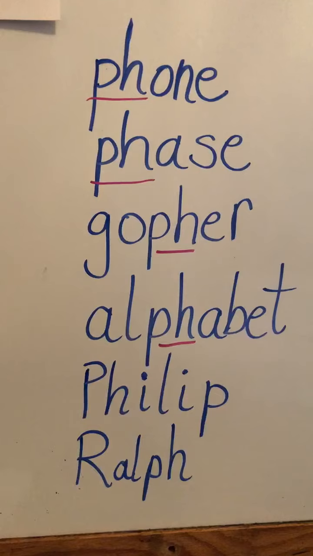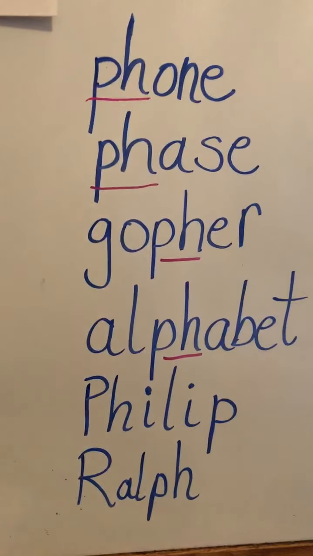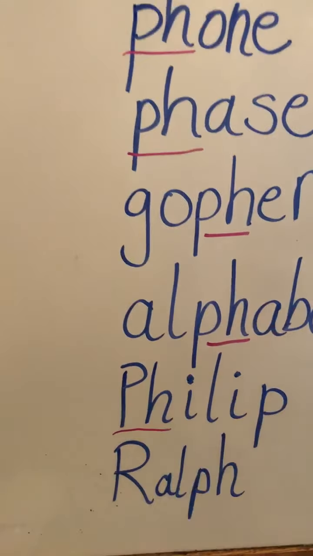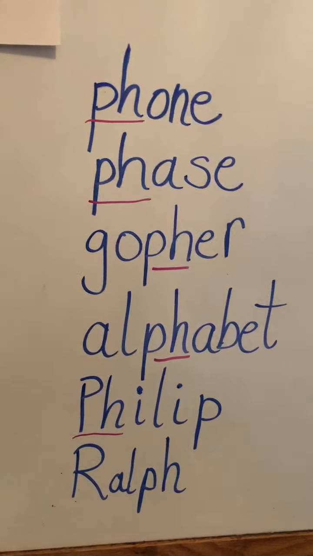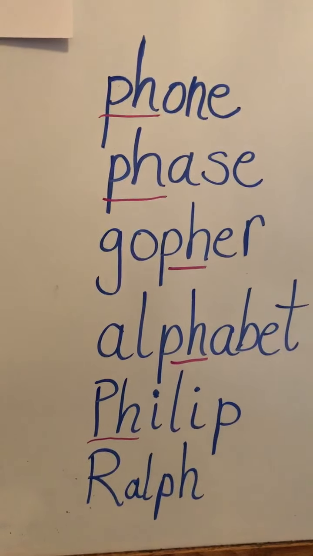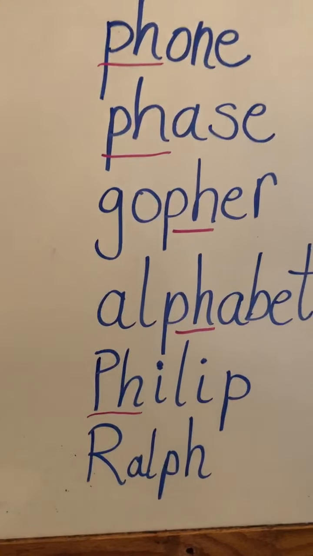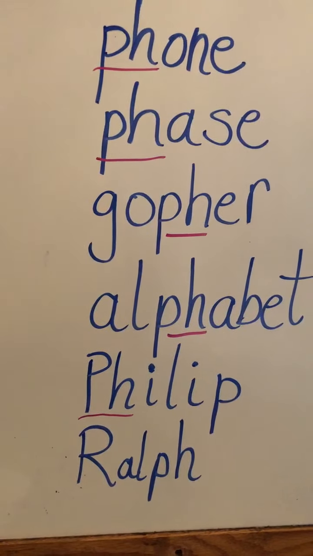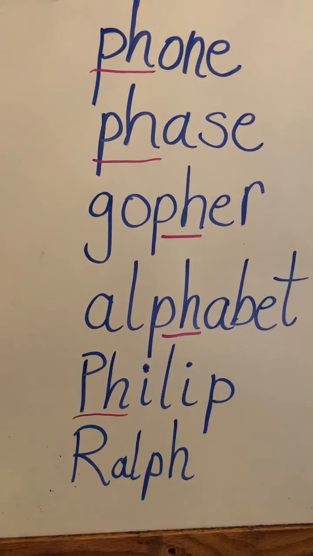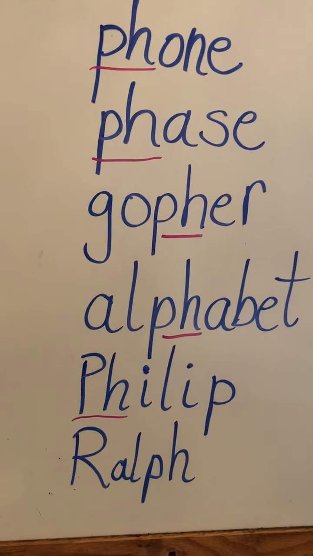Okay, these are proper nouns like Philip. Or a girl's name that has PH at the beginning is Phyllis, but it begins with PHY. And then Ralph, as in Ralph in Mouse and the Motorcycle. Remember that name? Well, look, it has PH at the end.